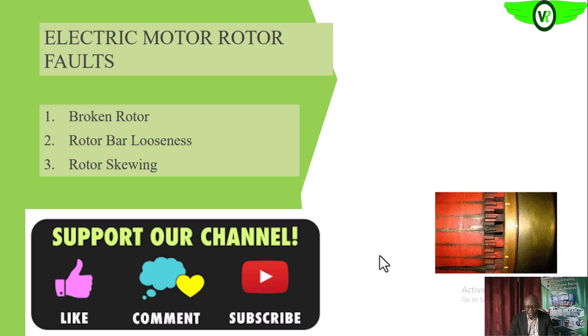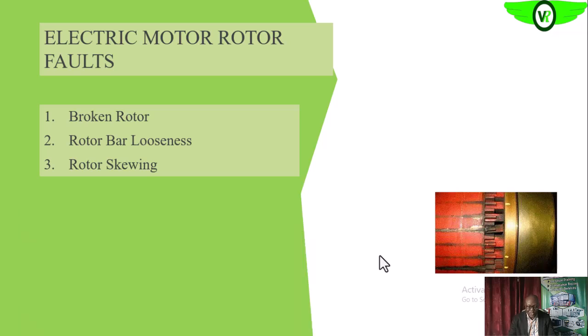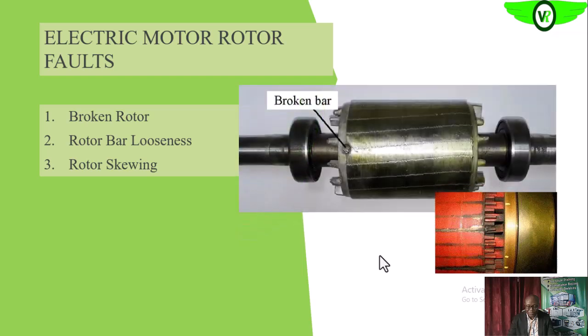Broken rotor. Once the rotor is broken, the magnetic field that is expected to be created on the rotor will not be properly formed. Remember, around these conducting bars, a magnetic field is created.